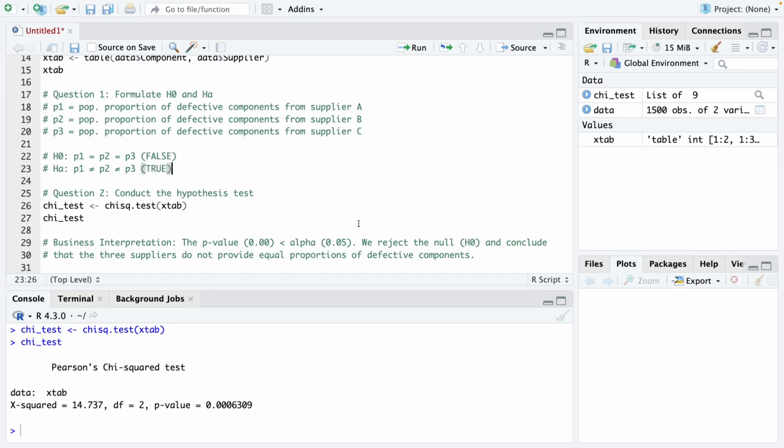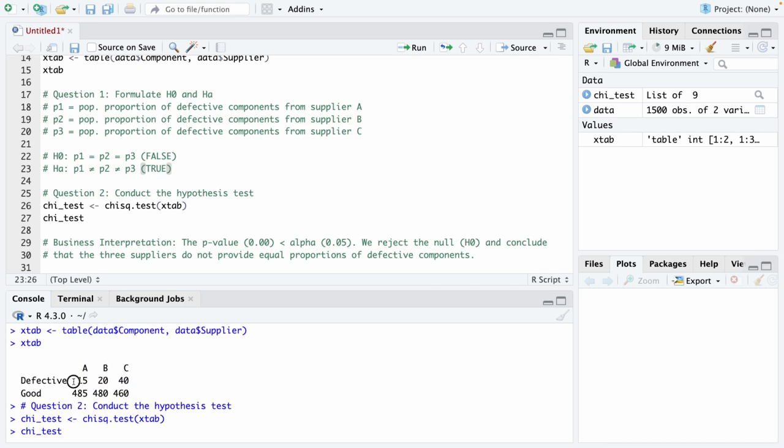We can conclude that the three suppliers do not provide equal proportions of defective components. If you go back to our result, you can see the number of defective components across the three suppliers is not the same. Supplier A has 15, supplier B has 20, supplier C has 40. C has the highest while A has the lowest, and B is in the middle of A and C.